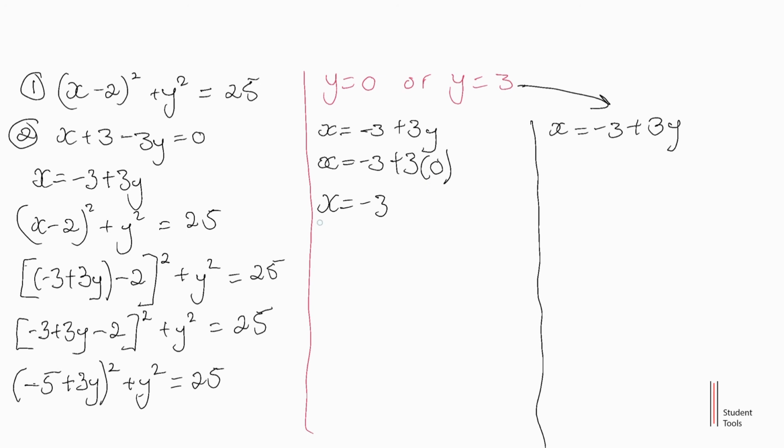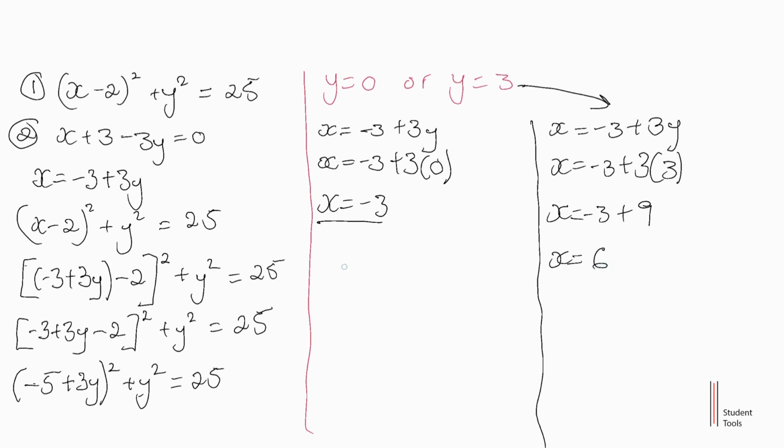So x is equal to −3 + 3 × 0, that's 0. So x is equal to −3 when y is equal to 0. On this side we have x = −3 + 3y, and for y we substitute with positive 3. So x is equal to −3 + 3 × 3, that's 9. Then x is equal to −3 + 9, that is 6.